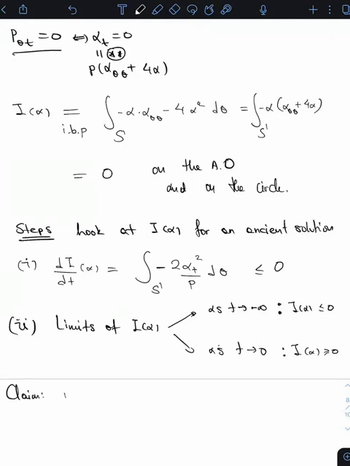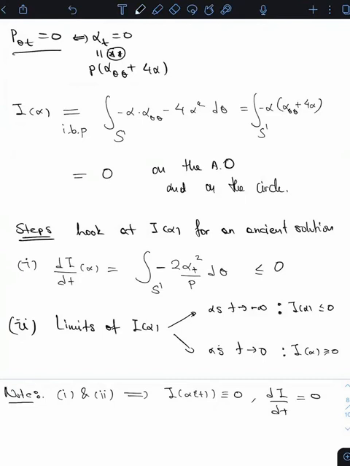Okay, so now 1 and 2 imply that I alpha, right, let's note that 1 and 2, they imply that I alpha(t) is identically 0, and of course dI/dt is also 0.